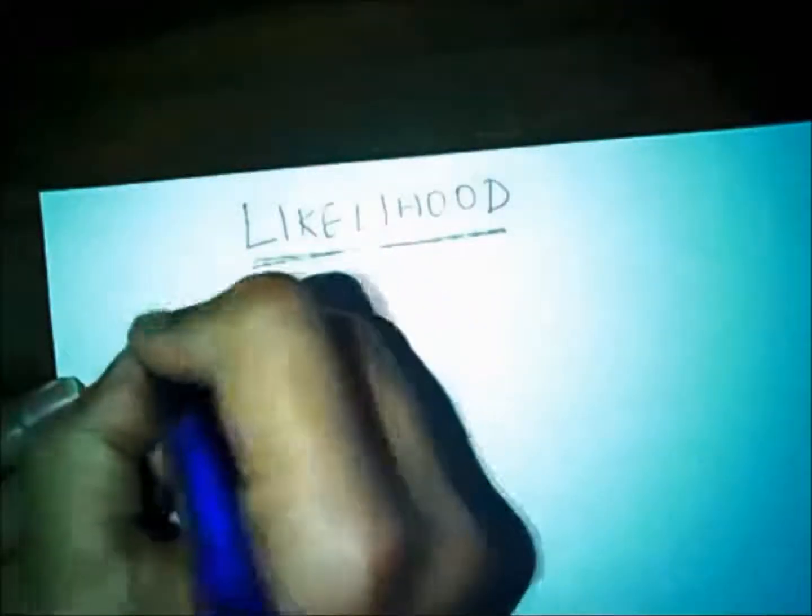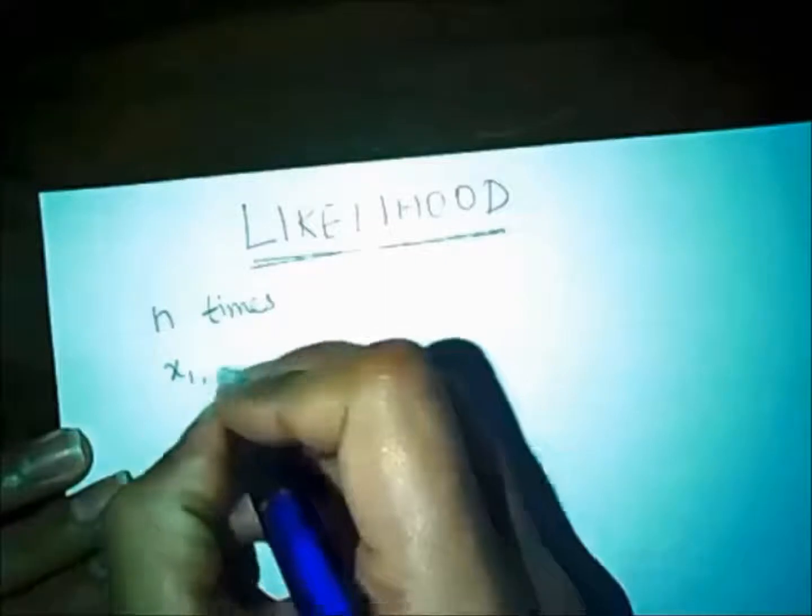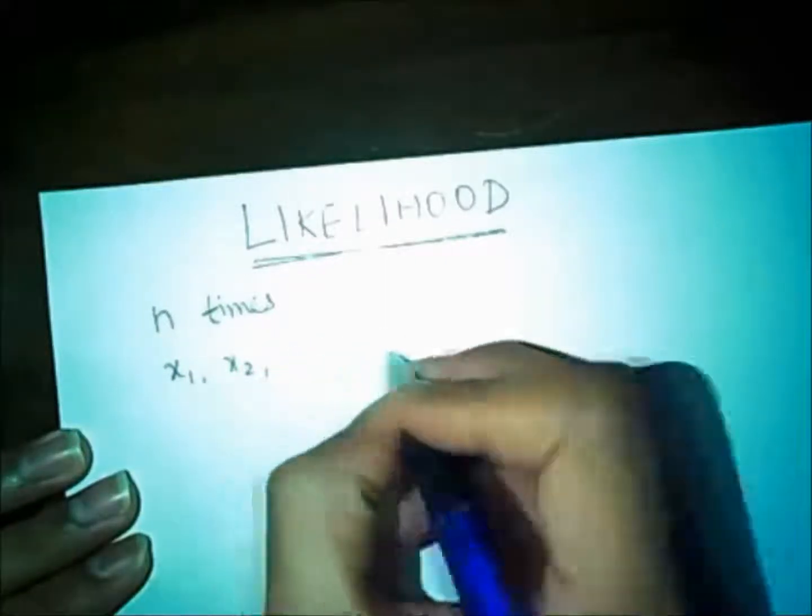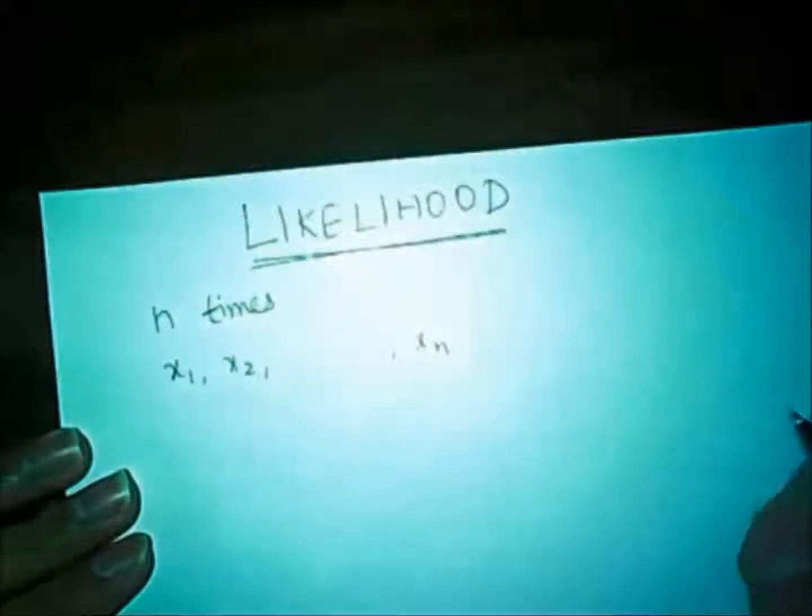Now that we know what Bernoulli distribution is, let me introduce the topic of a likelihood. So let us assume that I have tossed the coin n times and I have obtained the outcomes x1, x2 up to xn.